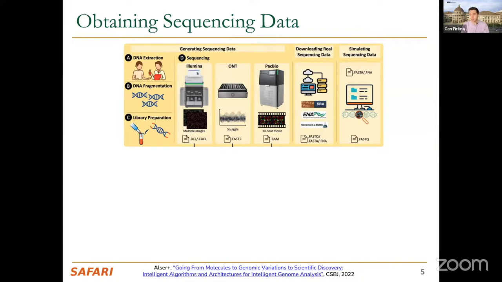And then see how we can use these DNA sequencing technologies to convert them into data in a digital form, so that we can use this data to analyze in the later steps.